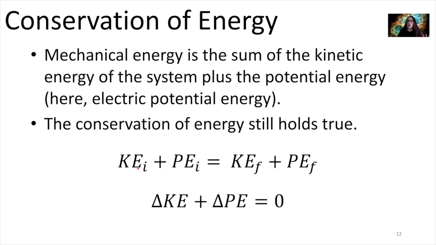We've got the initial kinetic energy plus the initial electric potential energy equals the final kinetic energy plus the final electric potential energy. We can combine conservation of energy with this idea that you can accelerate particles if you have a potential difference between 2 points, again, in order to see how particles move within this potential difference.